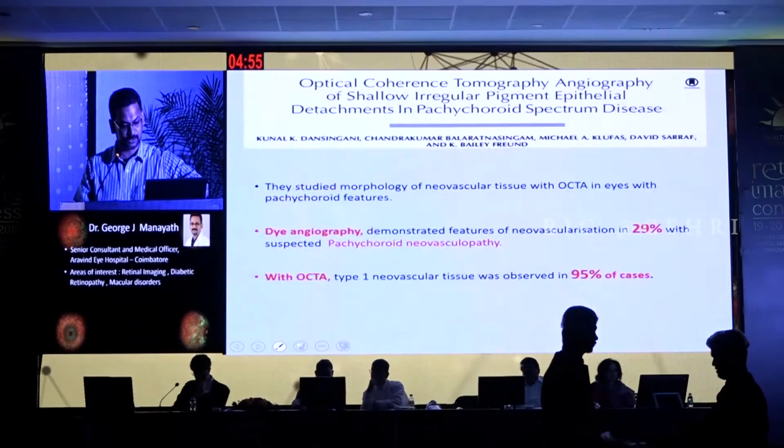So the issue is that ICG in these eyes shows choroidal hyperpermeability with the RPE alterations and RPE degenerations, and does not pick up this subtle neovascularization at the macula in this pachyneovasculopathy or chronic CSR situation. So Dr. Freund and group showed that dye-based angiography picks up around 30% of these neovascularizations, whereas OCT angiography in a pachyneovasculopathy situation has a 95% pickup rate of choroidal neovascularization.